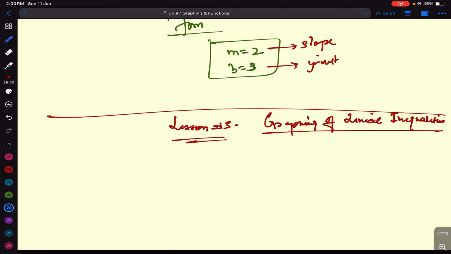What we have studied so far is that the graph of the linear equation is a line, right? But in the case of linear inequality, it is not going to be a line, rather it is going to be the area of the coordinate plane that satisfies that inequality. Okay, so let me write that. The graph of the linear equation that we have studied is a straight line, right?